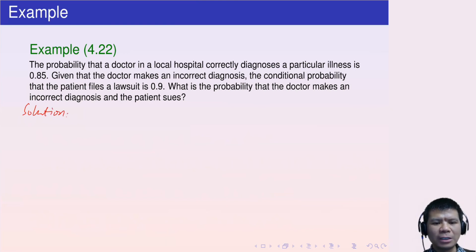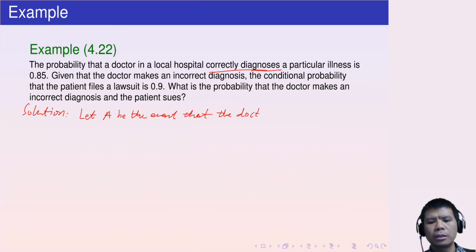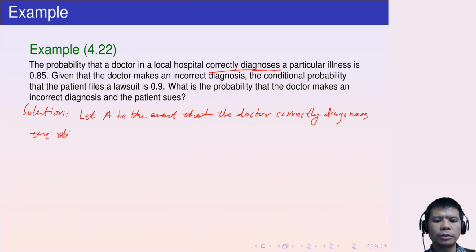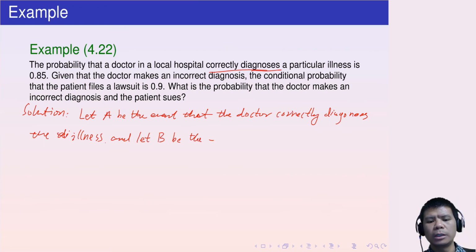Solution. Now let's define some events. Let A be the event that the doctor correctly diagnoses the illness, and let B be the event that the patient files a lawsuit, the patient sues.